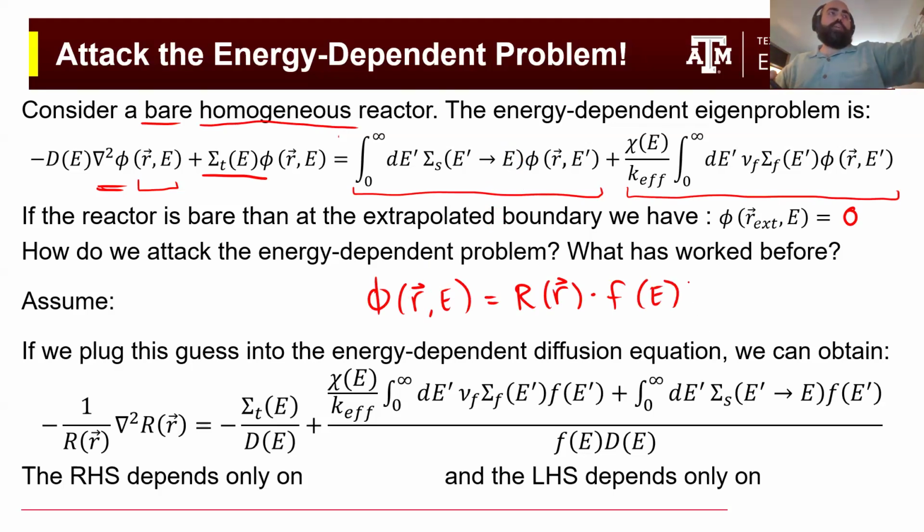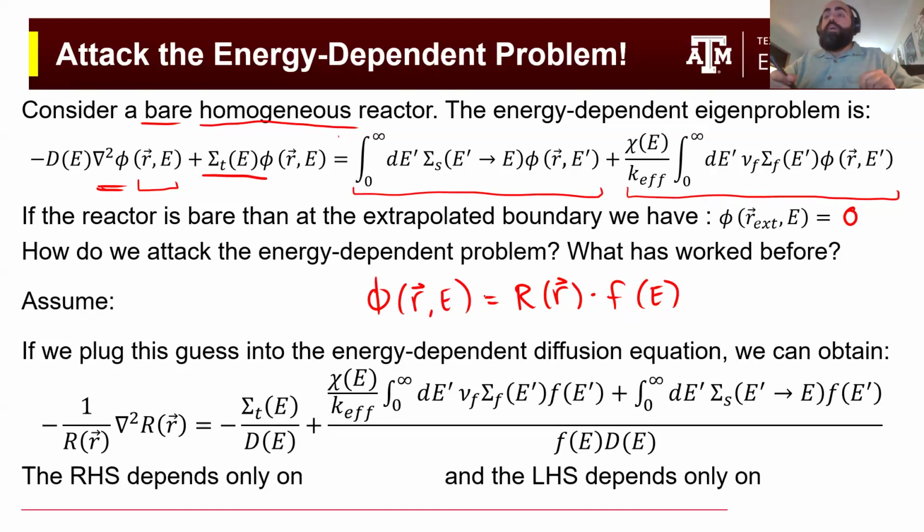This is just like the separating of variables that we saw when we did time dependence, where we had a space part and a time part. Here we have dependence on space and energy. So we have a spatial shape function that only depends on the position, and then an energy distribution function that only depends on the energy.